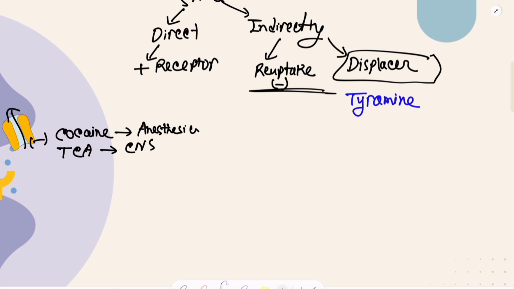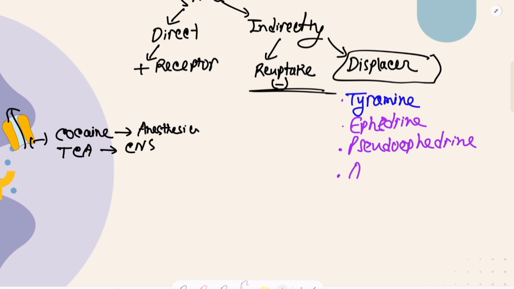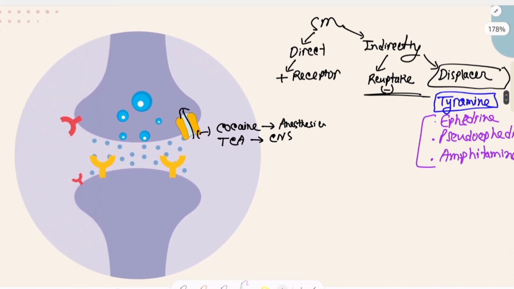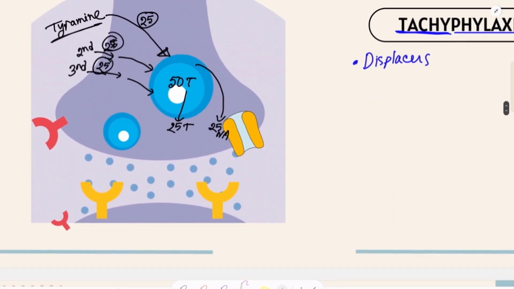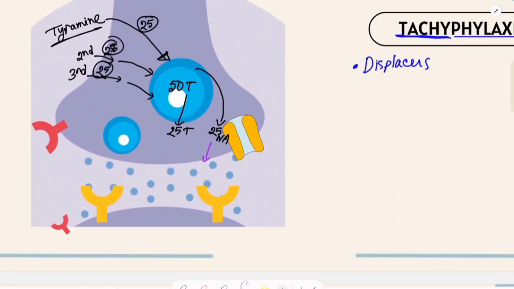There are some other displacer drugs also. Those are ephedrine, pseudoephedrine, and amphetamine. Tyramine acts by displacement only, but the other three drugs, ephedrine, pseudoephedrine, and amphetamine, after displacing the transmitter, also act on the sympathetic receptors.